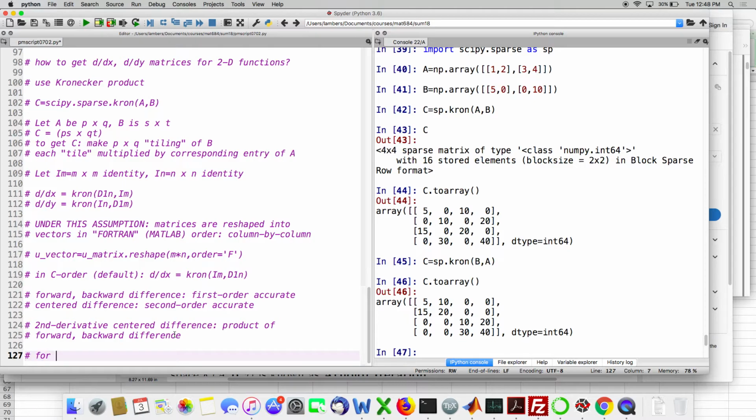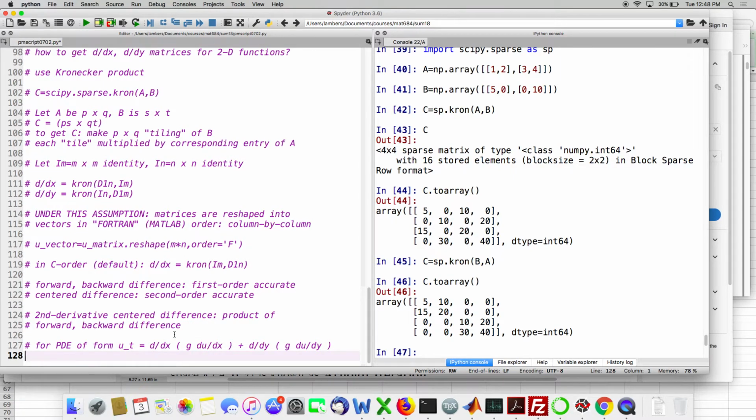And for a PDE of a form like du/dt is equal to the derivative with respect to x of a coefficient times du/dx plus d/dy of g du/dy, there are many ways to discretize this. I'll send you the latest version of a textbook where exercise 10 in chapter 14 deals with this kind of expression and shows you different ways to discretize in space.